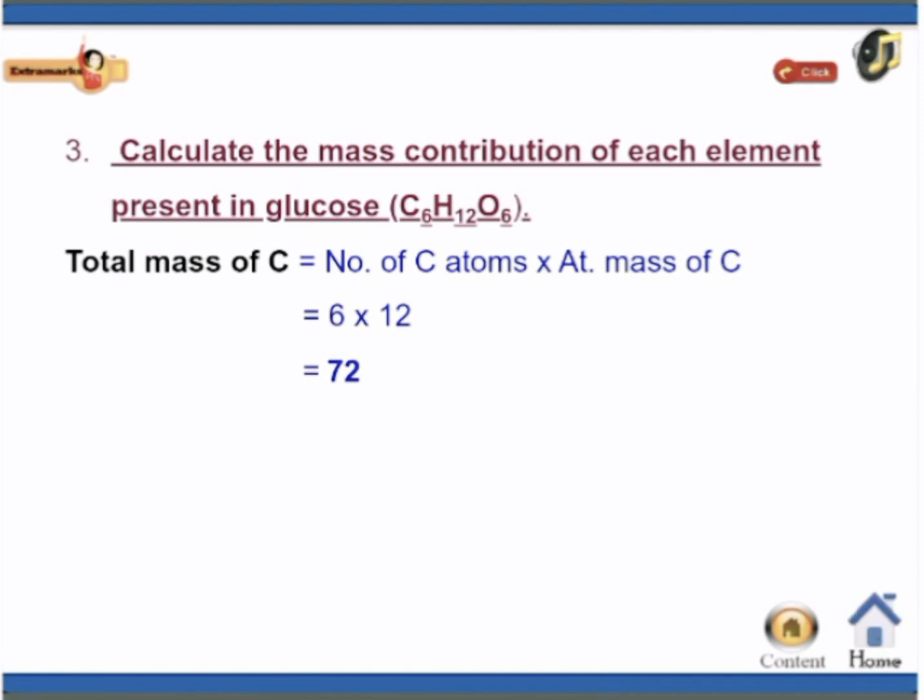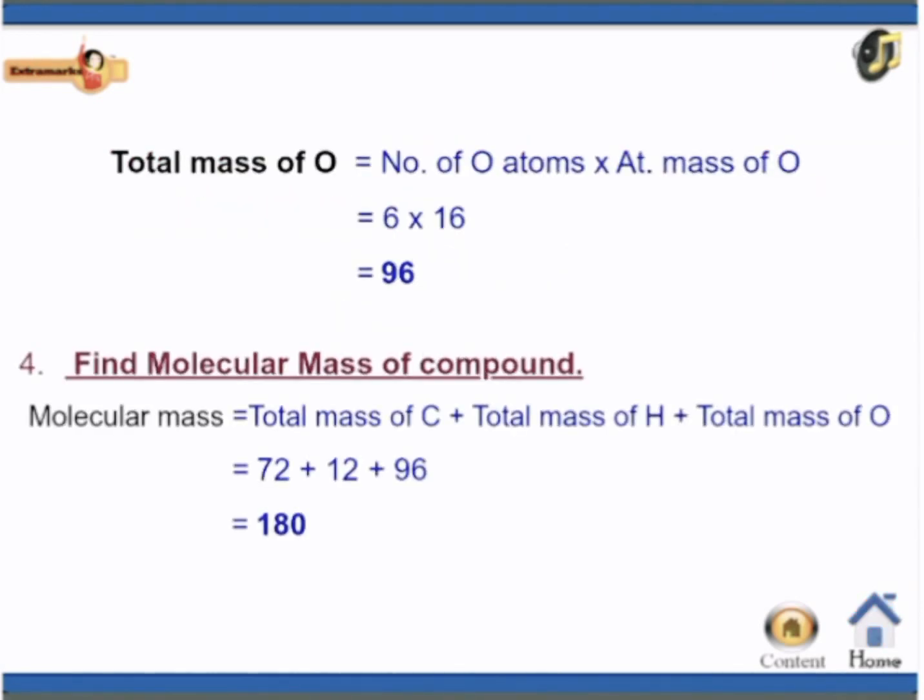Calculate the mass contribution of each element present in glucose. The total mass of carbon is equal to the product of the number of carbon atoms and the atomic mass of carbon. The total mass of oxygen is equal to the product of number of oxygen atoms and the atomic mass of oxygen, which is equal to 96.